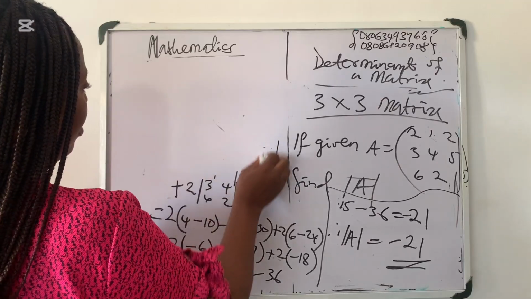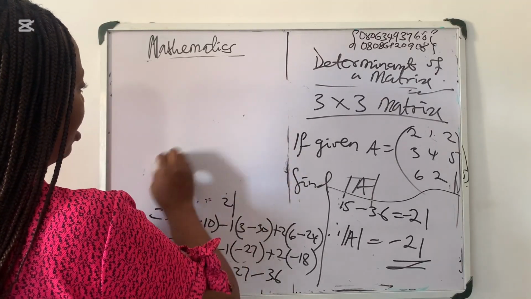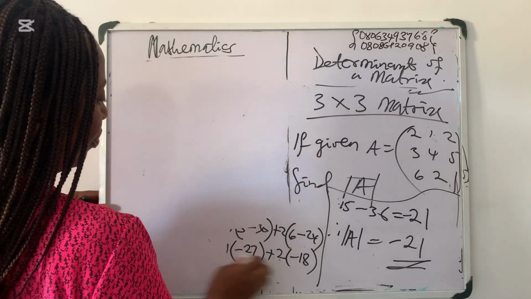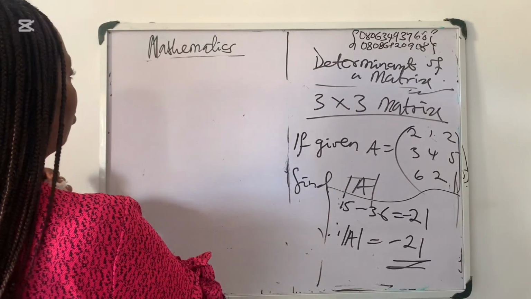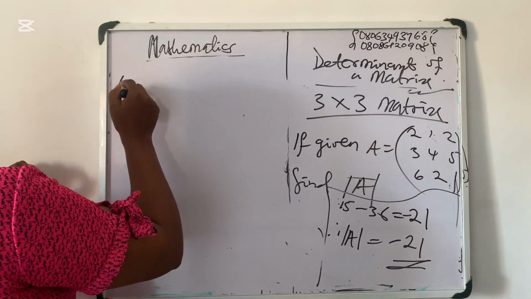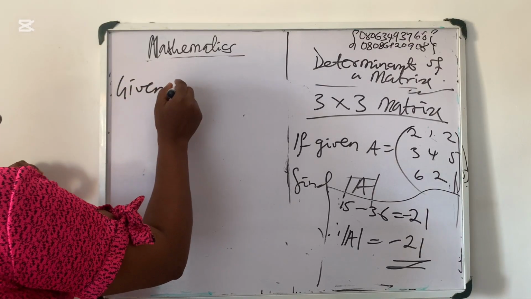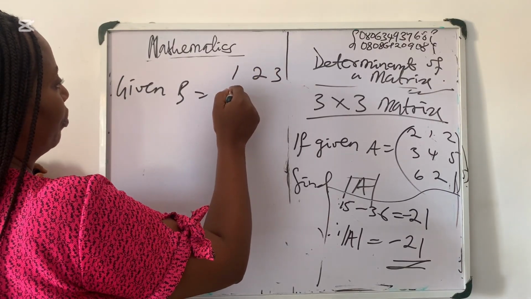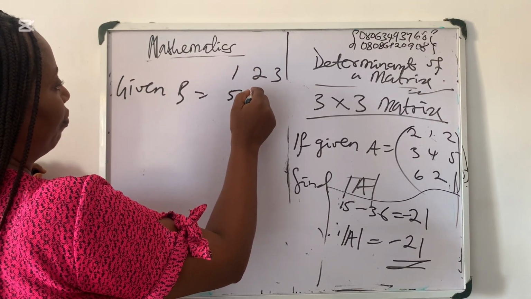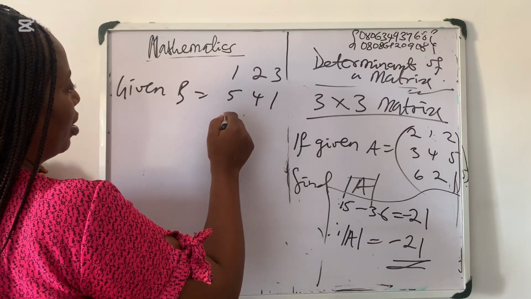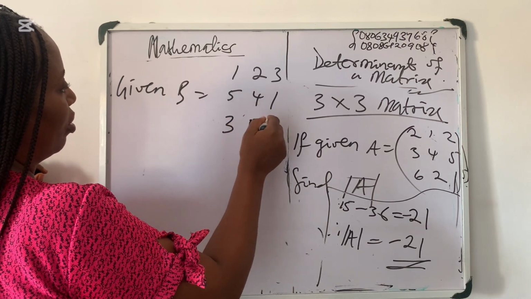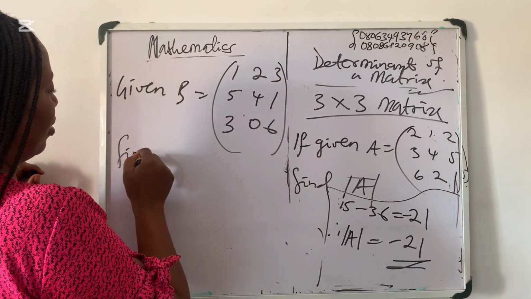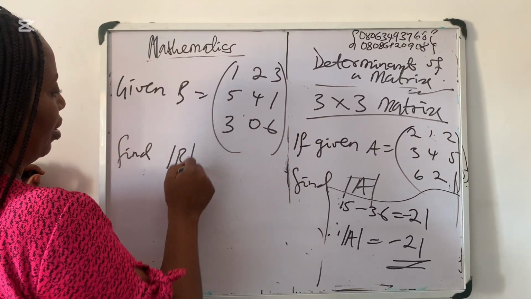You play with it so as to keep what we are doing here fresh in your memory. Please try this at home. Given B equal to 1, 2, 3, 5, 4, and 1, 3, 0, 6. Find B determinant.